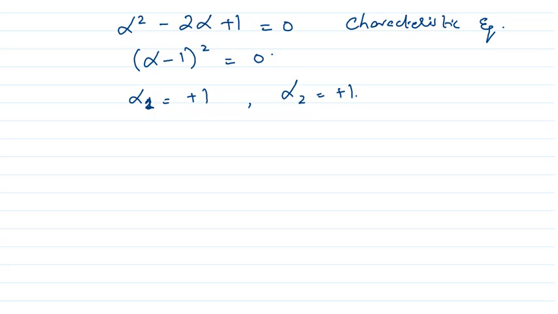So f of n is equal to c1 alpha 1 power n plus c2 alpha 2 power n.